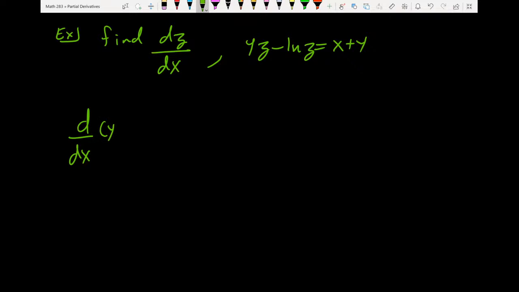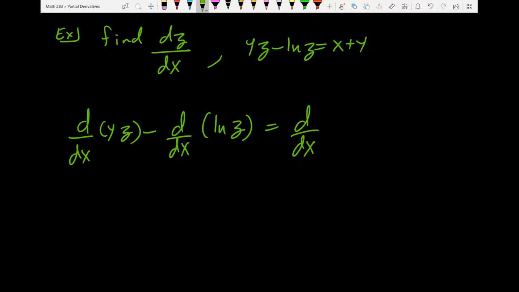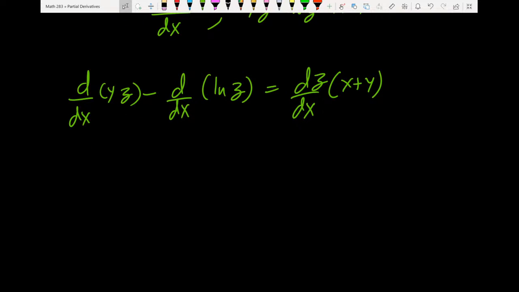d/dx of yz minus d/dx of natural log of z equals x plus y. First one, that one is just going to be y.